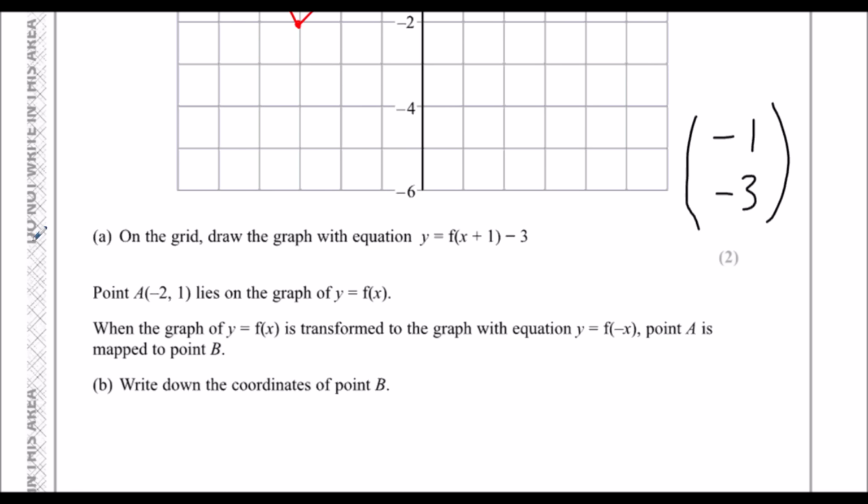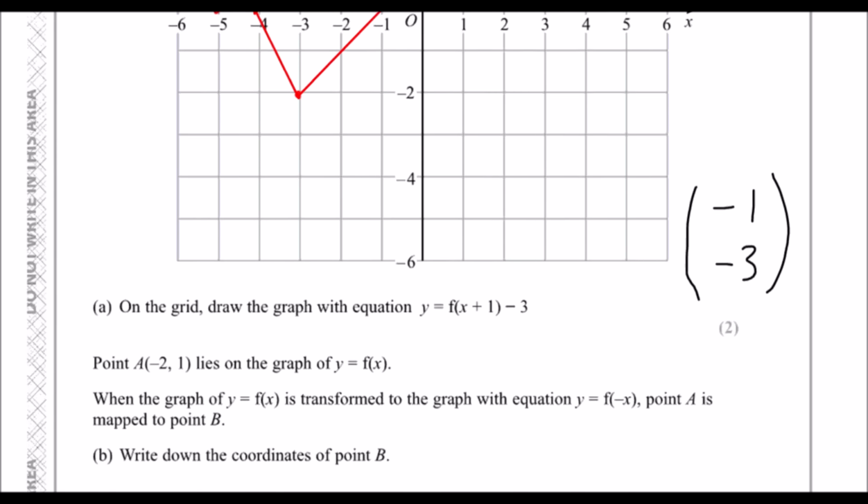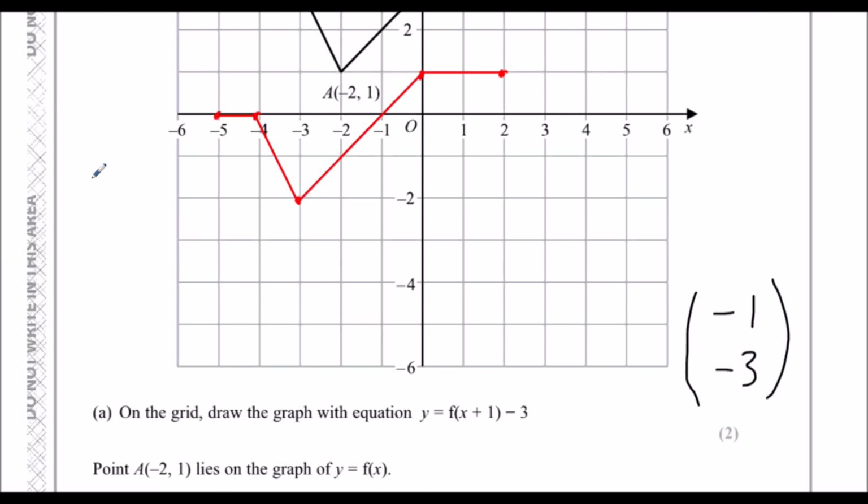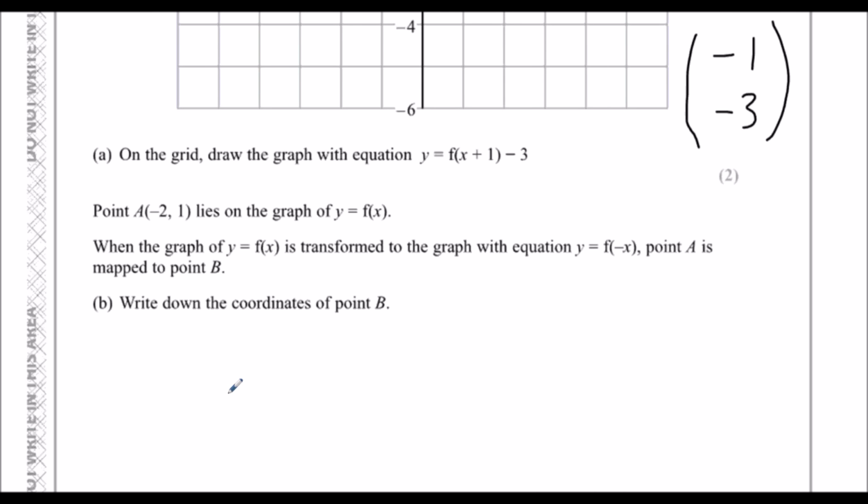The point A, negative 2, 1, lies on our original graph. When the graph of f of x is transformed to the graph with equation y equals f of minus x, point A is mapped to point B. Write the coordinates of point B. So originally we were here.